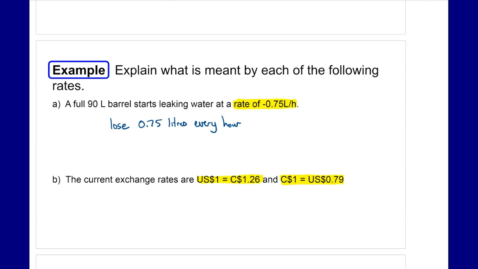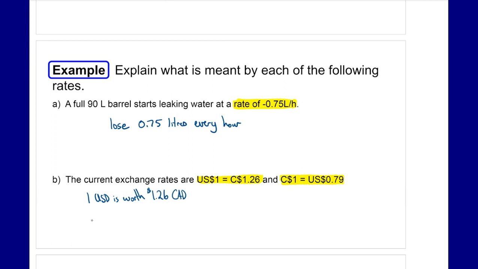So the US one means we'll say 1 USD, American dollar, is worth basically $1.26 Canadian.